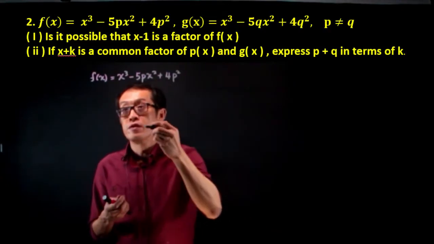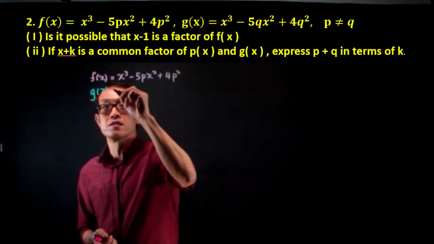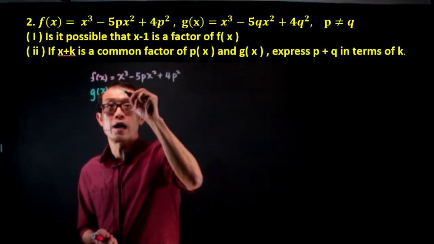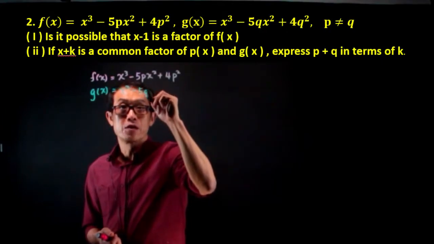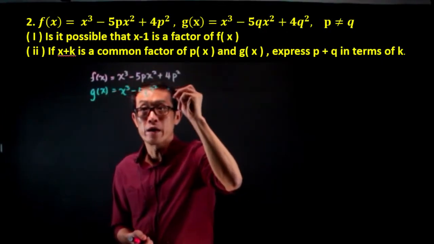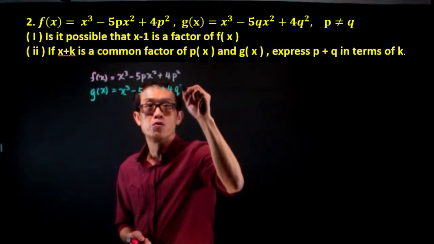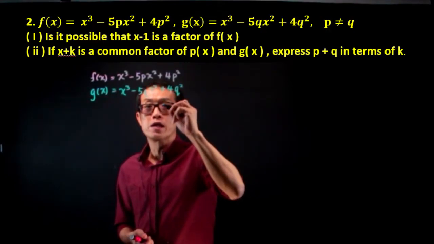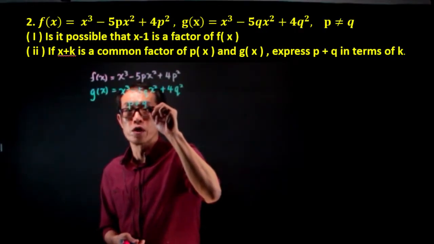And you have g of x. g of x is equal to x cubed minus 5q x squared plus 4q squared. Now you are given that p does not equal q.